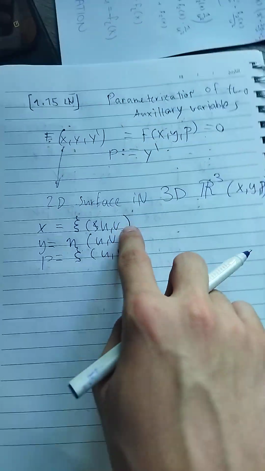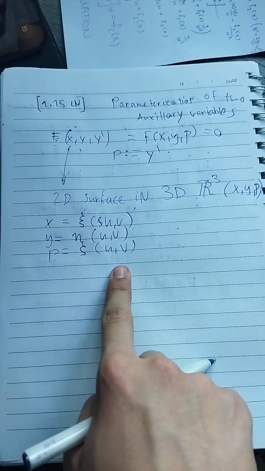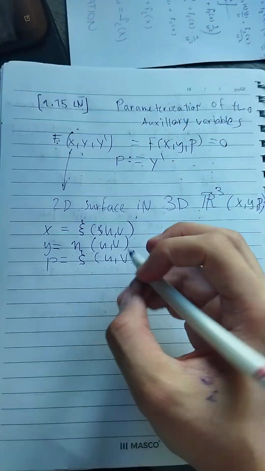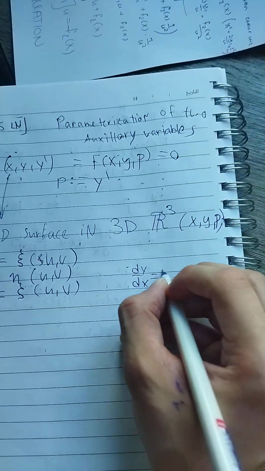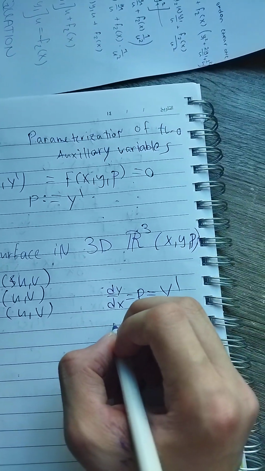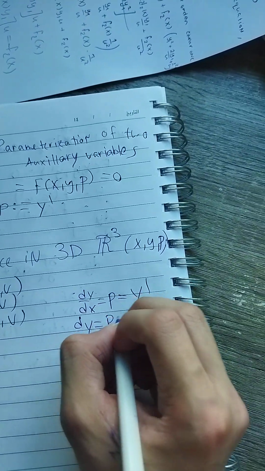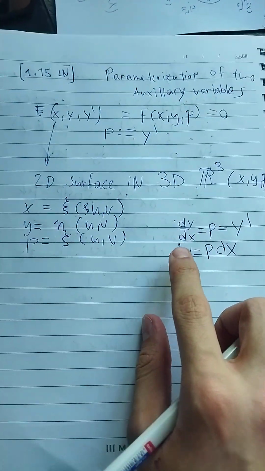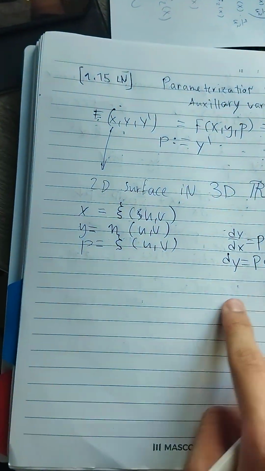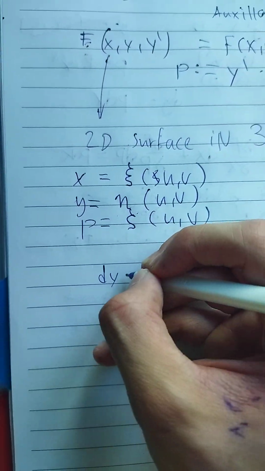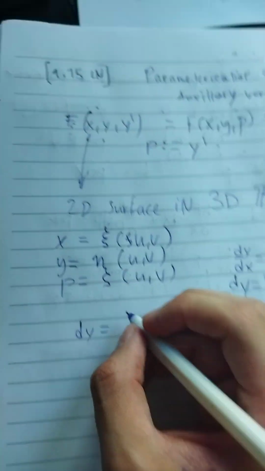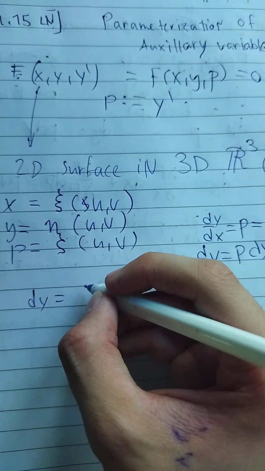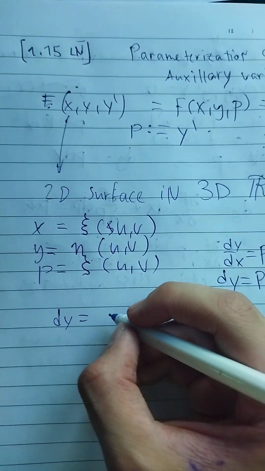Okay. So now we're gonna find dy, dx, and p, because we have the relation that dy over dx equals p equals y prime, so dy is equal to p dx. Since dy is governed by a function of two variables, we're gonna use the differential definition for a two variable function.